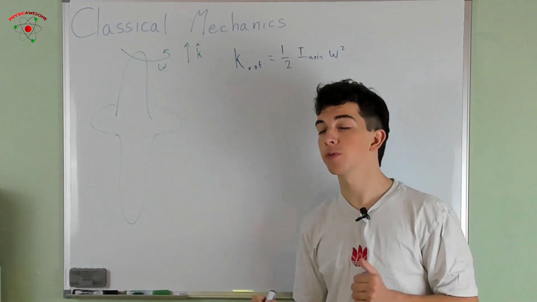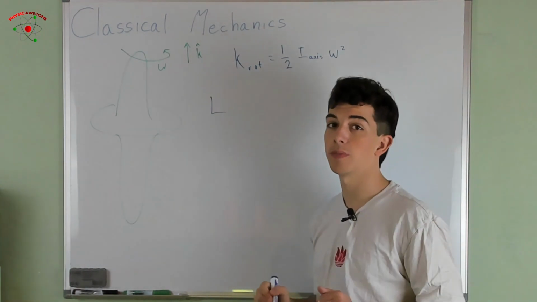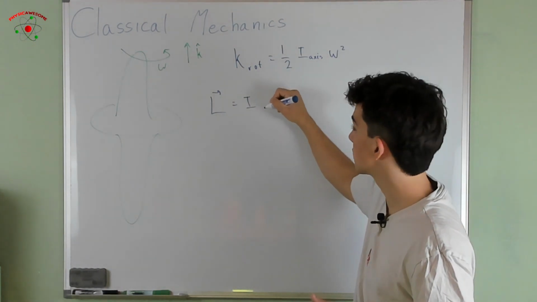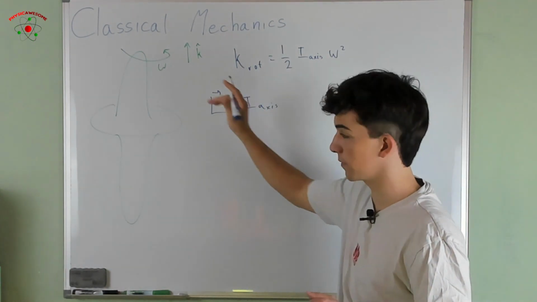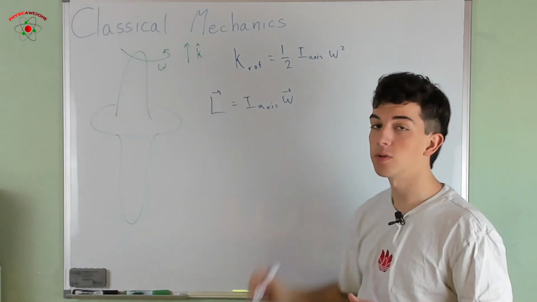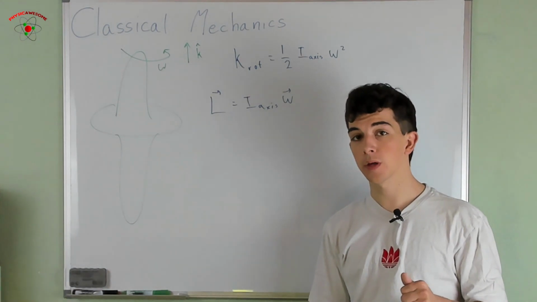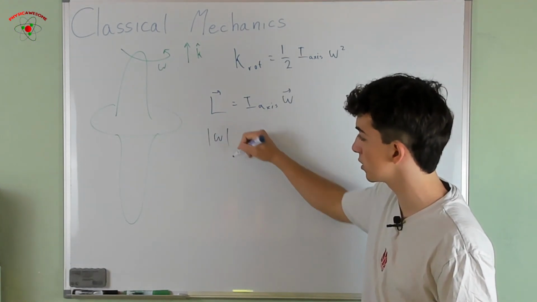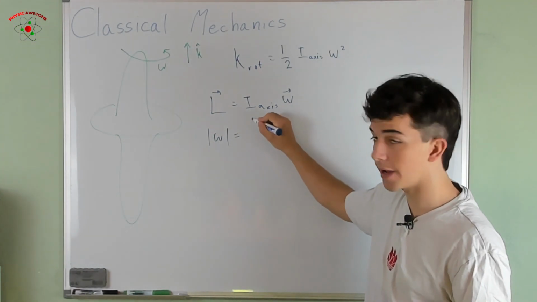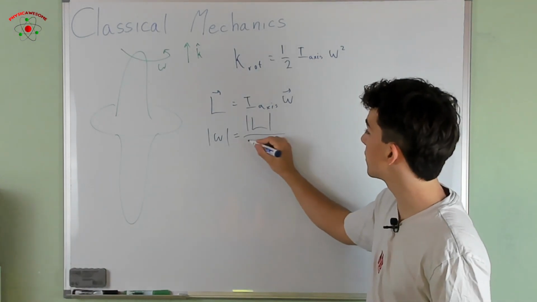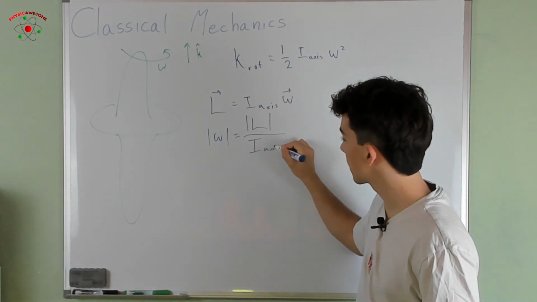Moreover, we found on previous videos that the angular momentum L equals I on the axis, as this object is symmetrical, take that into account, times w, the angular velocity. Therefore, we conclude that the magnitude of the angular velocity equals L, the magnitude of the angular momentum, divided by the moment of inertia.